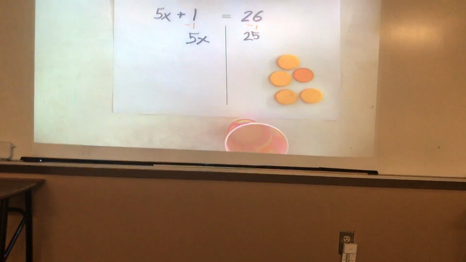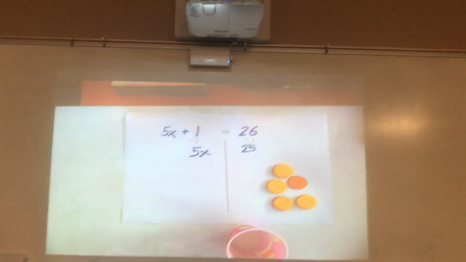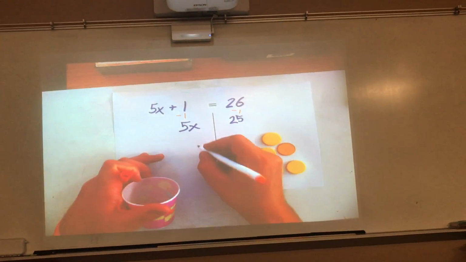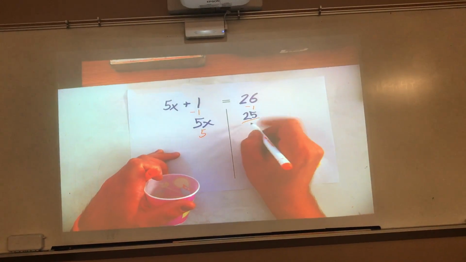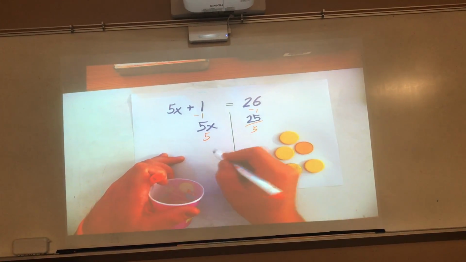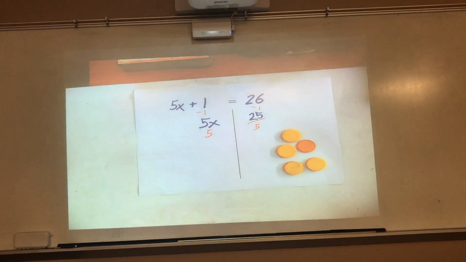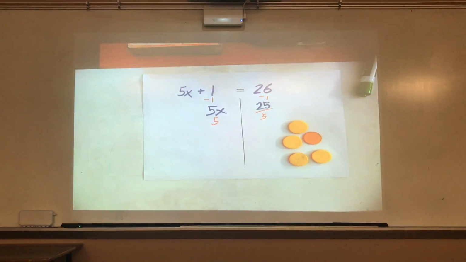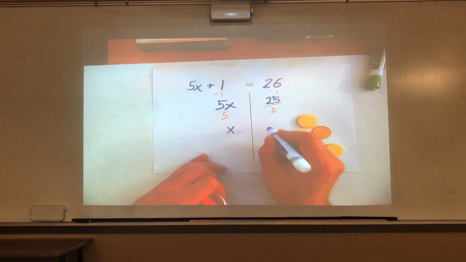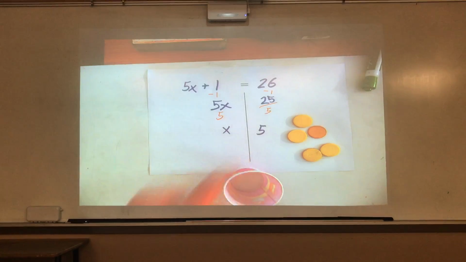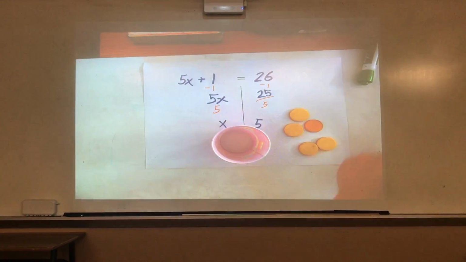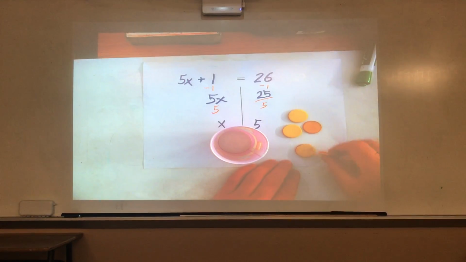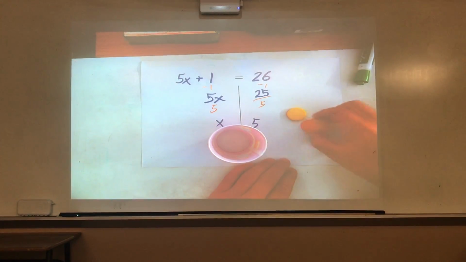So x equals 5. So that would have been 25 divided by 5, and then x equals 5. And that's how you get it. That 1 cup helps you out. So we'll do another one, just so we can get a little practice in.